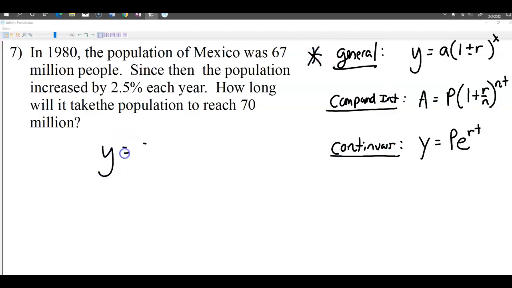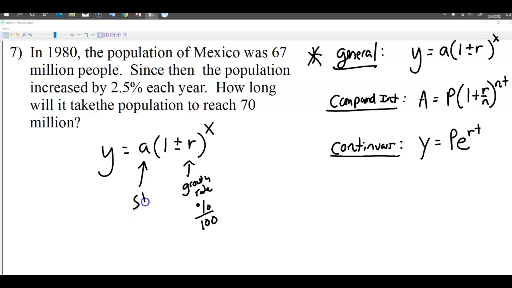Now, when you're doing the general formula for exponential functions, this is your growth rate, which is a percentage. But you are going to change it to a decimal by dividing the percentage by 100. Okay? And then this is your starting amount. Now, this is plus if your function is increasing, and it's minus if your function is decreasing.